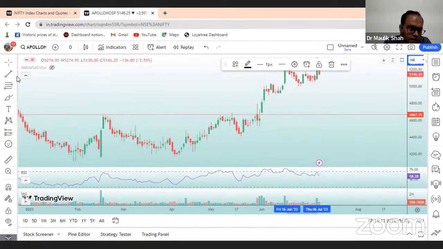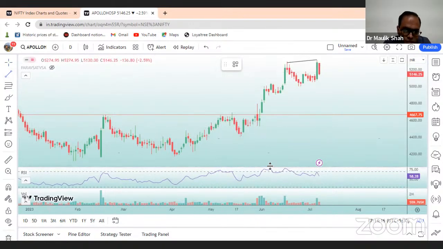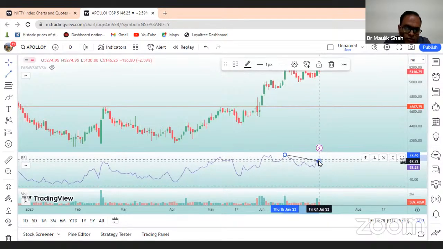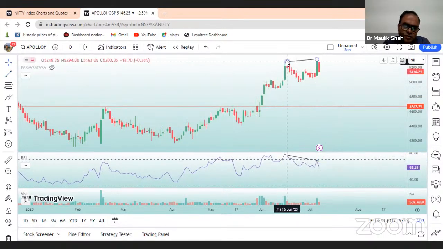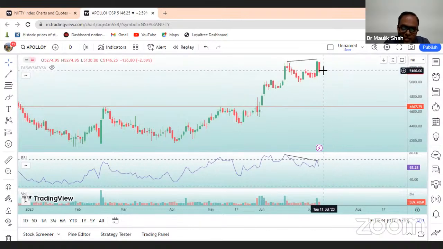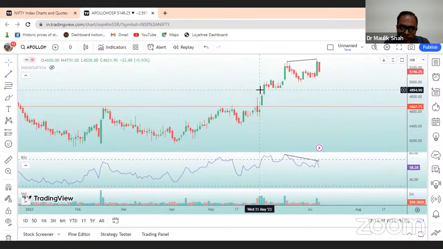Whereas if you see RSI, can you appreciate the price is making a higher high, RSI is making a lower high. So probably this is a significant candlestick pattern which can reverse the price, and maybe this time we might hold at this level, maybe 48.94 somewhere, because of horizontal support.